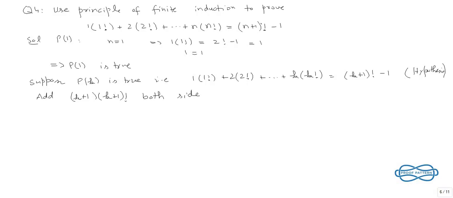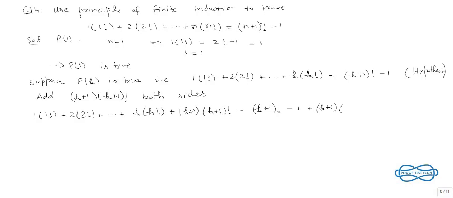We get 1 into 1 factorial plus 2 into 2 factorial plus so on k into k factorial plus k plus 1 into k plus 1 factorial equal to k plus 1 factorial minus 1 plus k plus 1 into k plus 1 factorial.